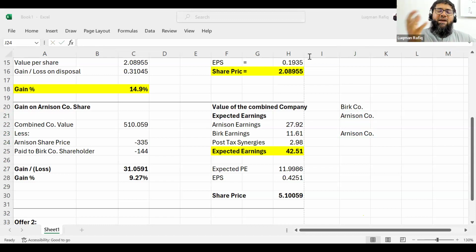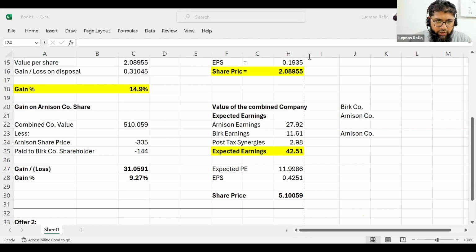See, we acquired Burke company. Their shares become our shares now. The shareholders don't remain anymore. It's just us, and us only. That's it. See, read it here.